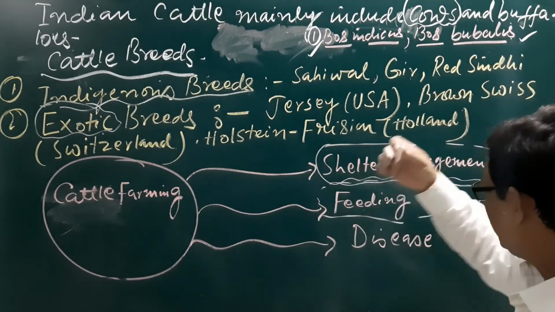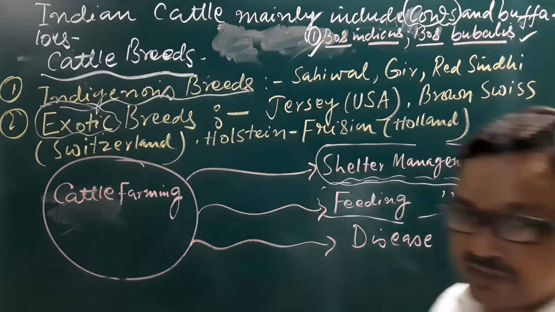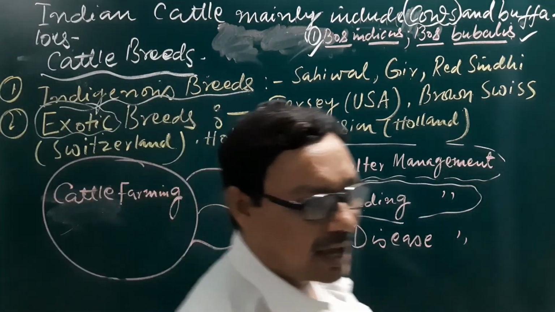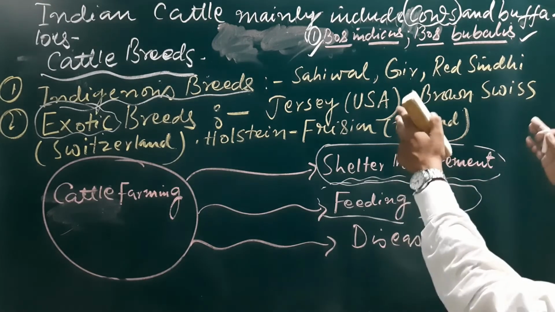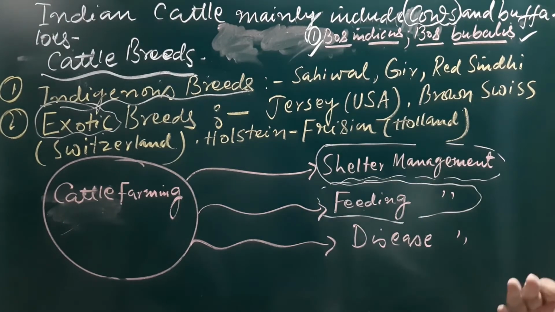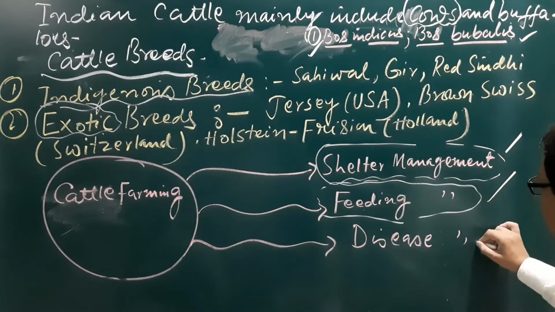Just as you have seen in the case of plants or crops, how farmers manage them from sowing to harvesting, in the same way in animal husbandry animals consistently require care and nursing, which includes shelter, feeding and disease management.